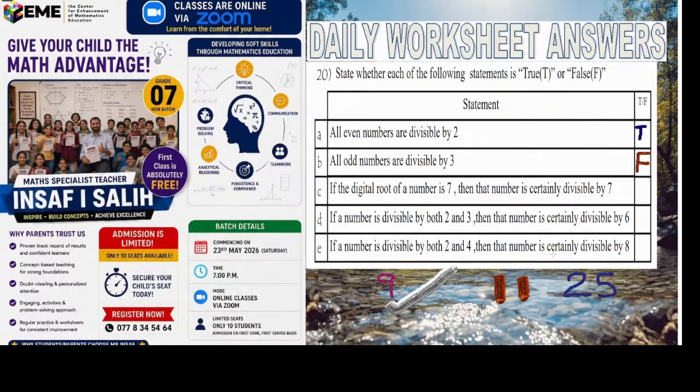No, it doesn't, which means 25 is not divisible by 7. 25's digital root is 7, but just because the digital root is 7, it won't become divisible by 7. So what's the statement here? They have said, if the digital root of a number is 7, then that number is certainly divisible by 7. It's a false statement. It is wrong.